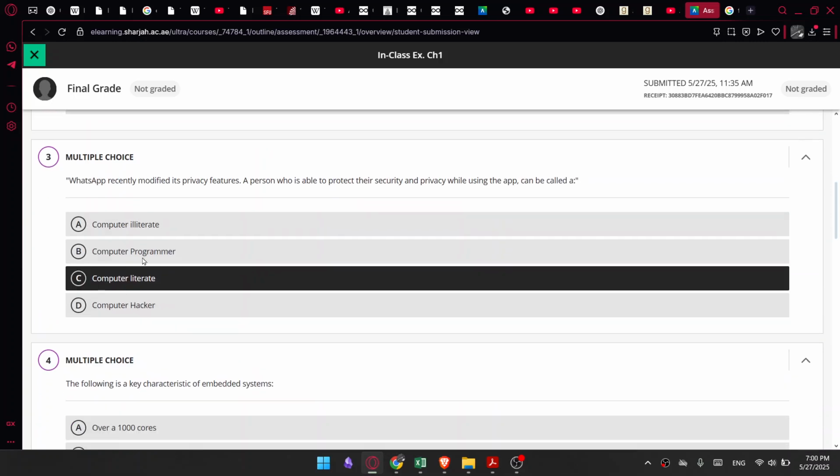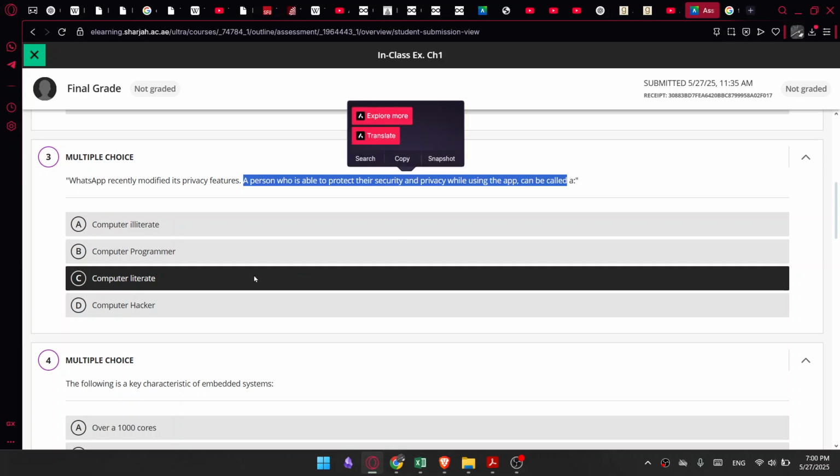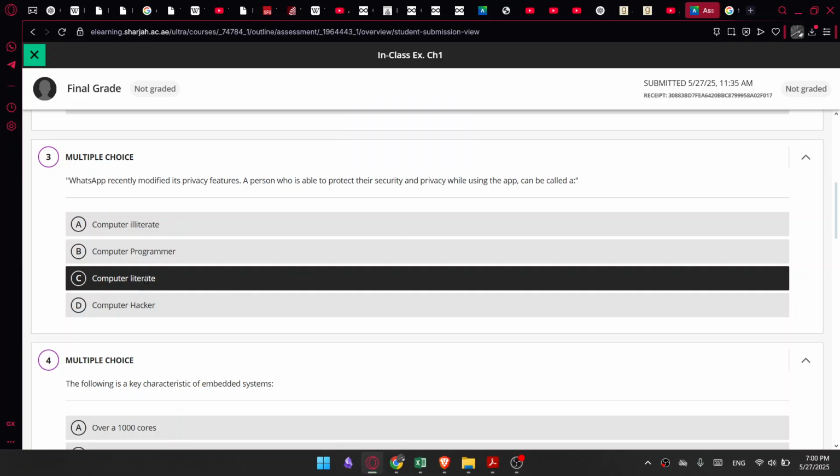WhatsApp recently modified its privacy features, and this is important. A person who is able to protect their security and privacy while using the app can be called what? Computer literate.